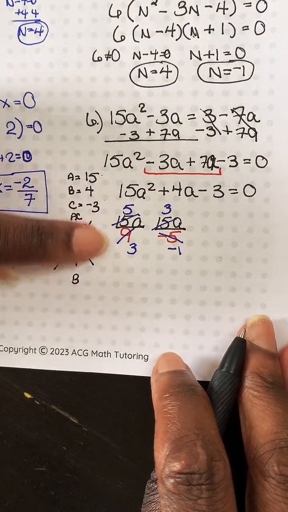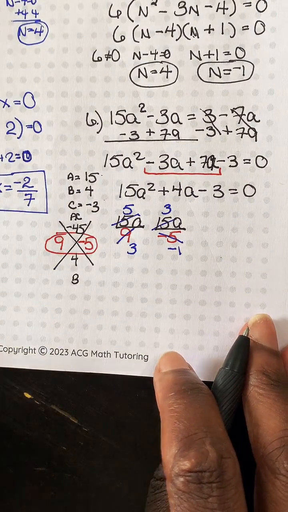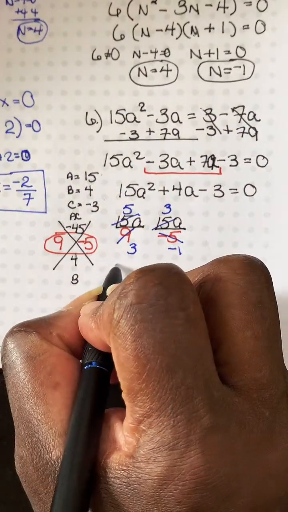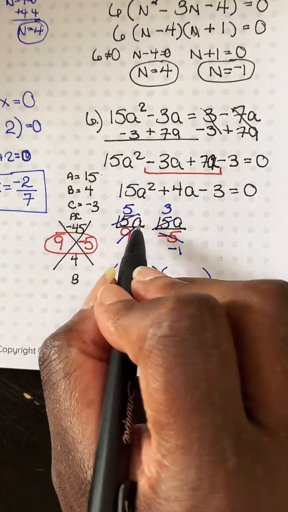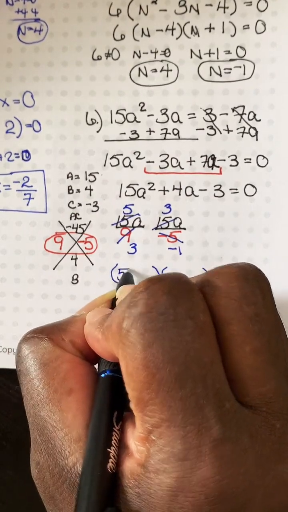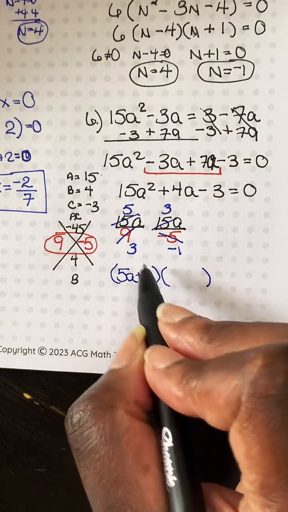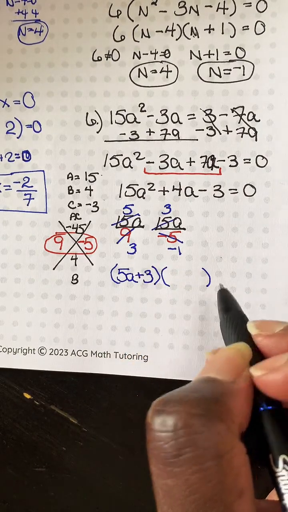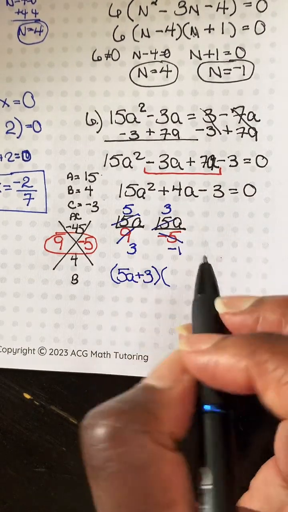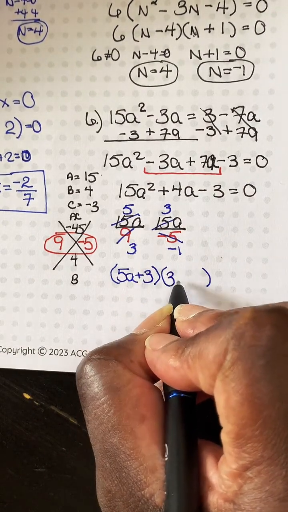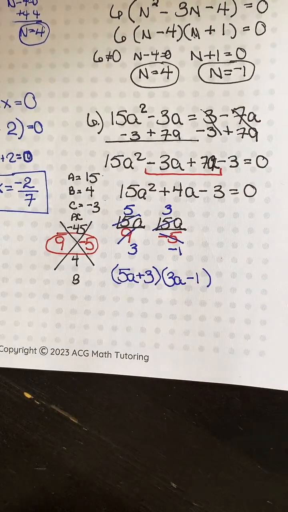So your ratio is basically your two parentheses. So here, our first parenthesis is going to be 5a plus 3. My denominator of 3. The second parenthesis is dealing with the second ratio. So the second ratio has 3a minus 1.